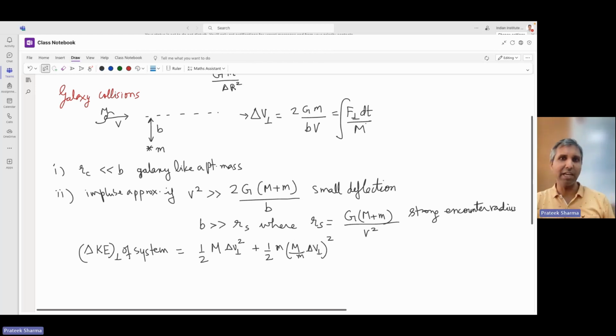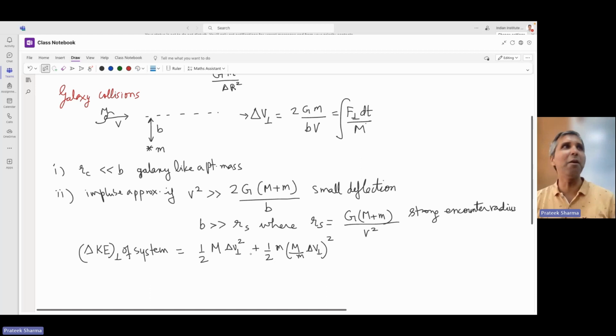I'm writing this by momentum conservation: in the perpendicular direction, the delta V perp of the star should be M times delta V perp of the galaxy divided by the mass of the star. So this is the kinetic energy gained by the star, and you can see that this is much more than the first term.